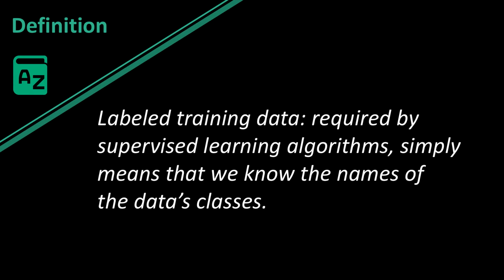And that means just what it says. It's required by supervised learning algorithms, which means that we know the names of the data classes. So if you're using an algorithm that is unsupervised, which we will get into later on in the course, we don't know what kind of data we're working with.